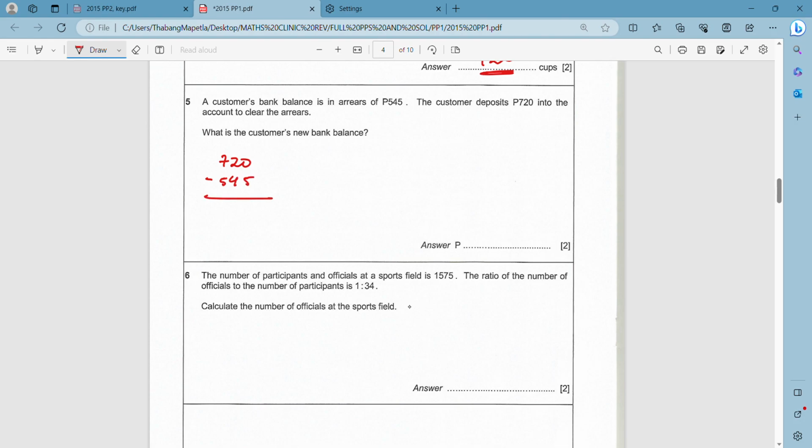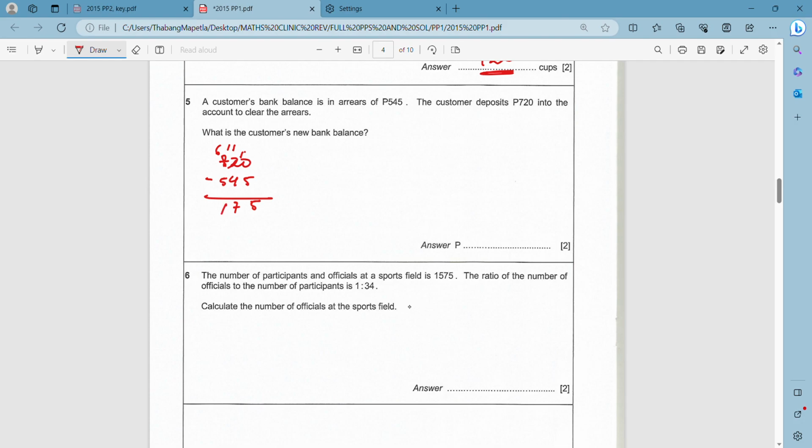So do simple subtraction of standard 2. 0 minus 5, it can't, therefore we borrow 1 here. That's how we are taught. Borrow 1 from here, and then you remain with the 1, and then put a 1 there, and then 10 minus 5 is a 5, and then 1 minus 4, it can't. Borrow 1 from here, you remain with a 6, and then put 1 there. 11 minus 4 is a 7, and then 6 minus 5 is a 1.